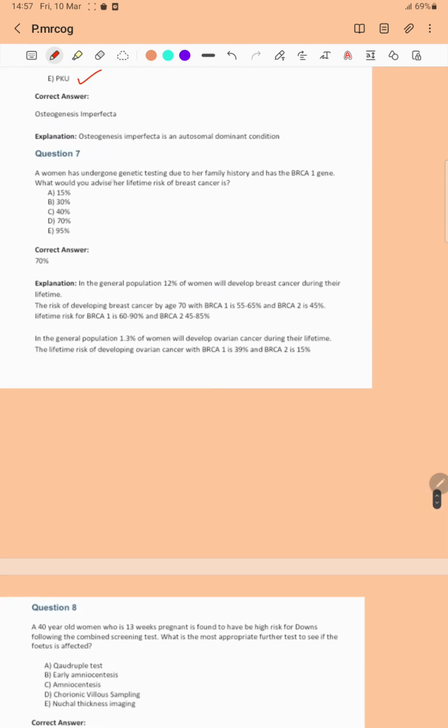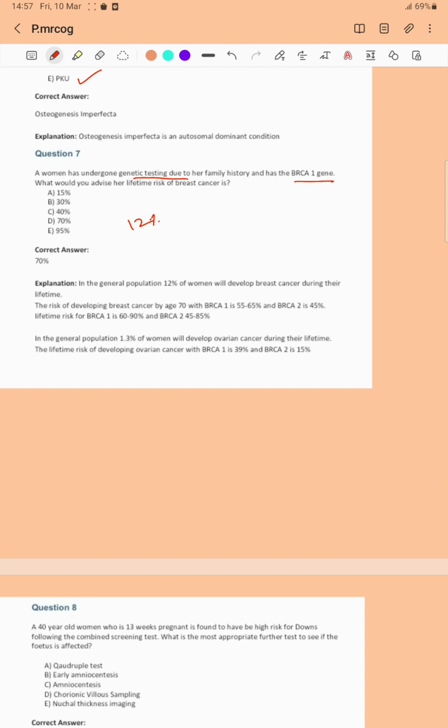A woman has undergone genetic testing, and due to her family history with the BRCA1 gene, what would you advise her lifetime risk of developing breast cancer? Okay, what happened here is that the family history is positive, and in the general population we have seen that 12% of women have the chance of developing breast cancer in their lifetime.